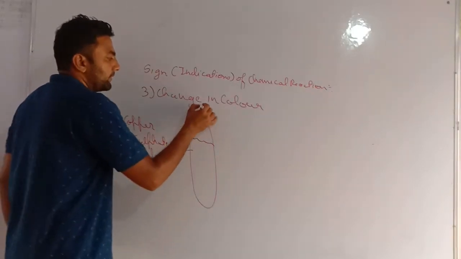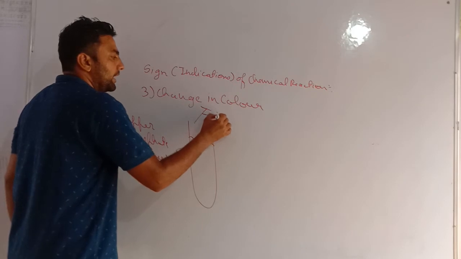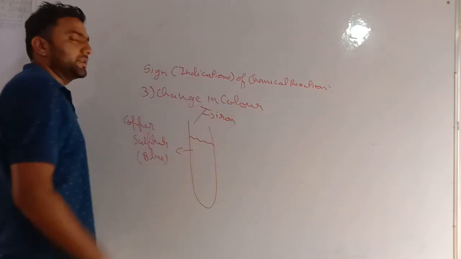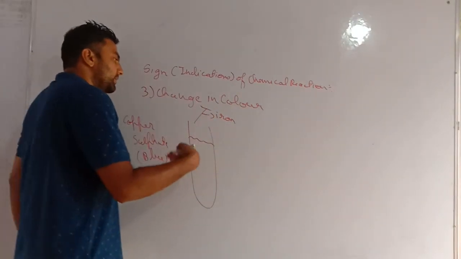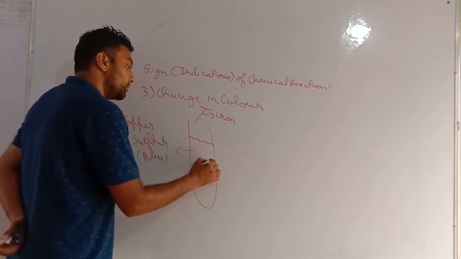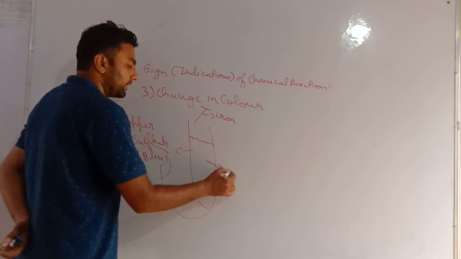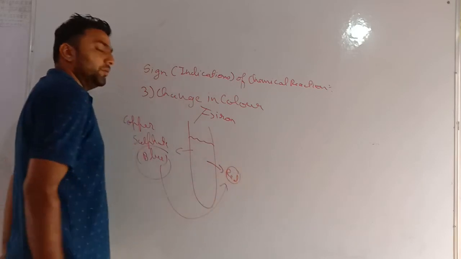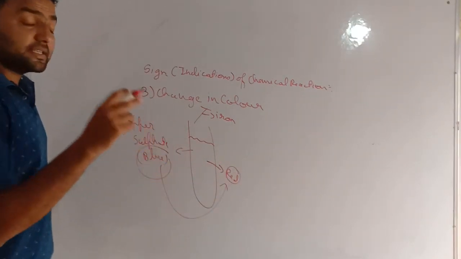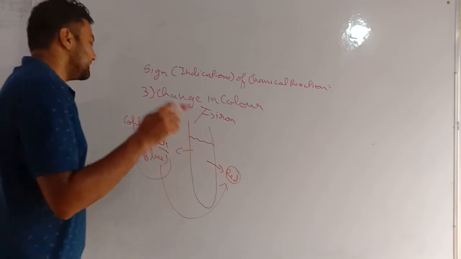After some time, I have put some iron nails into it. After some time, I get to see that this solution has changed color from blue to red. This change in color is giving me a hint that yes, a chemical reaction has taken place.